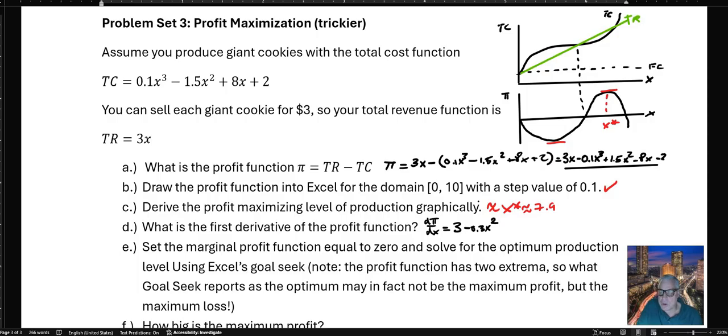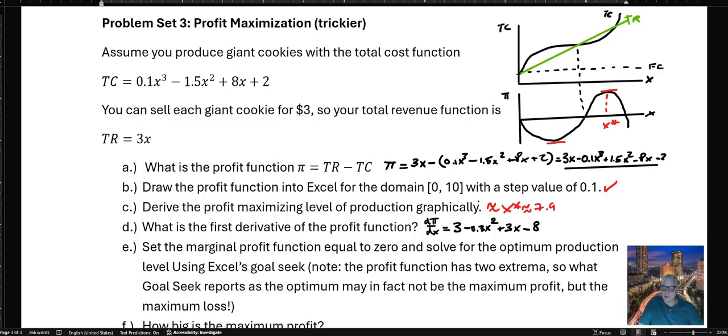So the 2 goes in front, so 2 times 1.5, so plus 3 times x, with technically an invisible 1, 2 minus 1, then minus 8 times x, the derivative is minus 8.